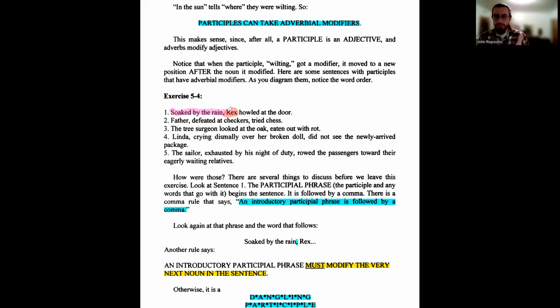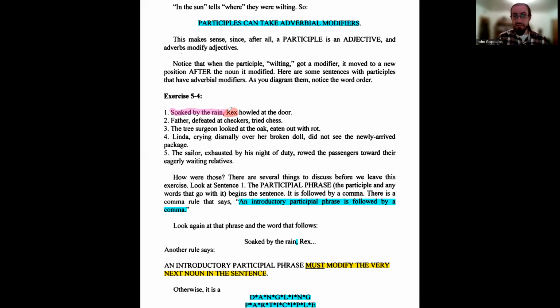And it says, soaked by the rain, Rex. So notice the comma. Another rule says, an introductory participial phrase must modify the very next noun in the sentence. The very next noun. Noun is the key word here.